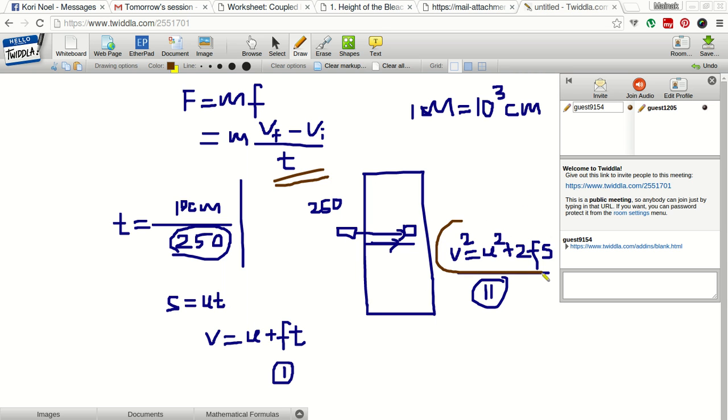Or this equation itself, if I use this particular equation, let's say, what do we know initially to start with? I know the initial velocity is 250. Do I know that? Yes. And the final velocity is 0, right? Yeah. Final velocity is 0, and the distance traveled by the bullet inside the wall is 10.